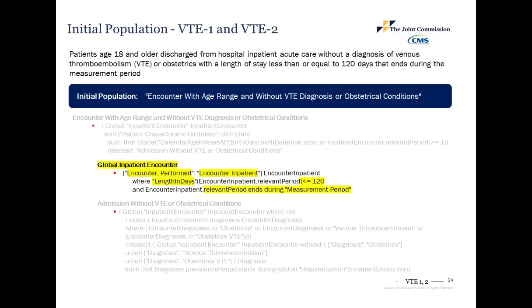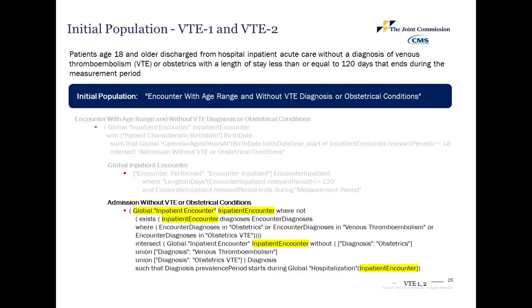We use a CQL function, length in days, to calculate the inpatient encounter to be 120 days or less. The relevant period is an attribute that defines the start and end date times of a given time frame. So the logic is saying the relevant period for the inpatient encounter needs to be 120 days or less and must also end during the measurement period.